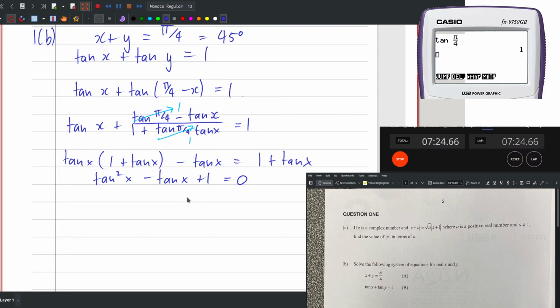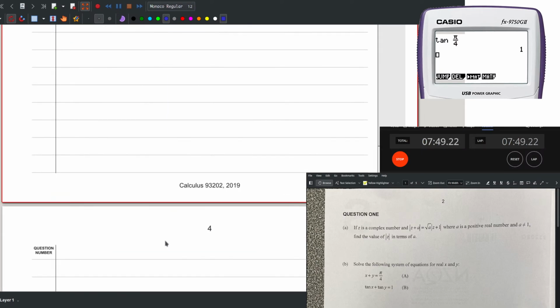So we must have gone wrong somewhere. Oh, I forgot the 1 minus. Fuck me. There we go. Okay, right, yeah, that makes more sense now. So tan x equals 0 or 1. x equals n pi or n pi plus pi on 4. Yep, that's good.